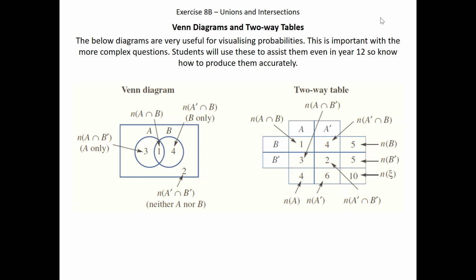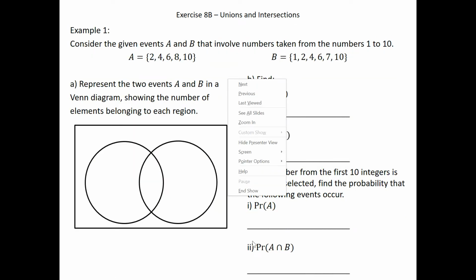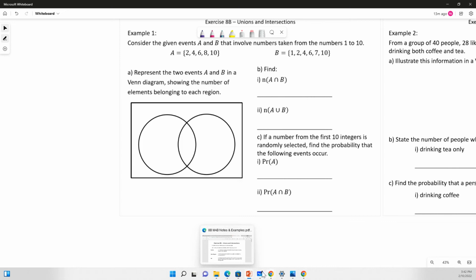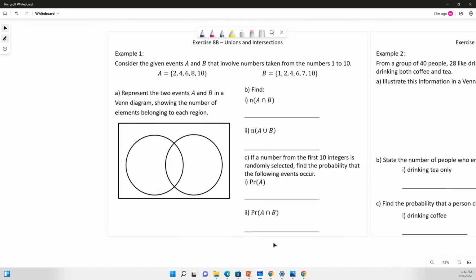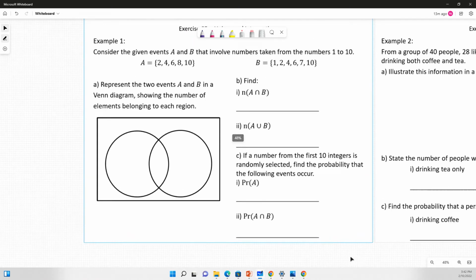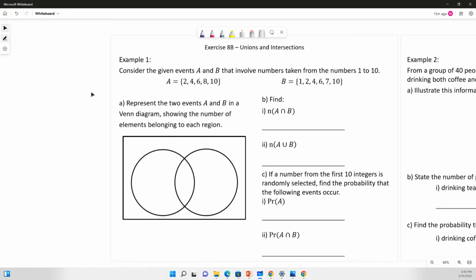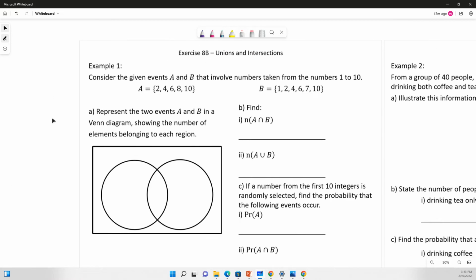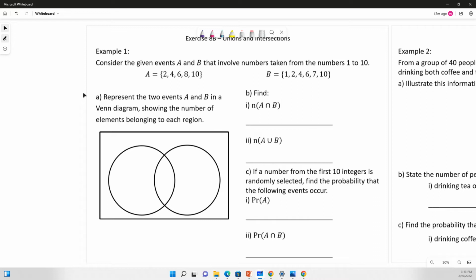Next, I'm going to open up my whiteboard and we're going to have a look at some examples here. Here we go. So let's look at a similar kind of situation. We're taking random numbers from between 1 and 10.